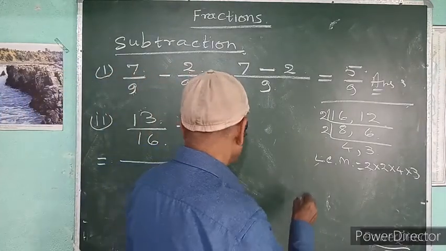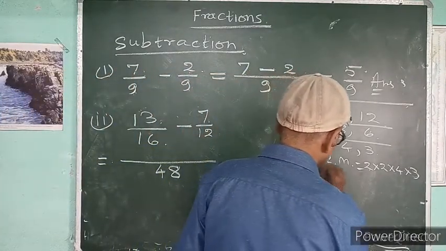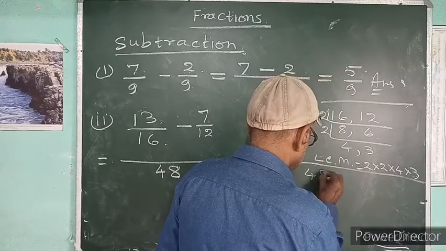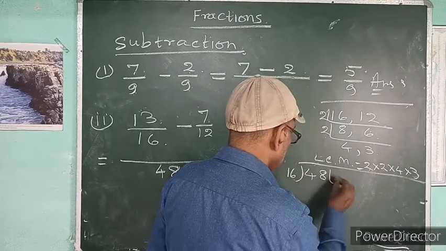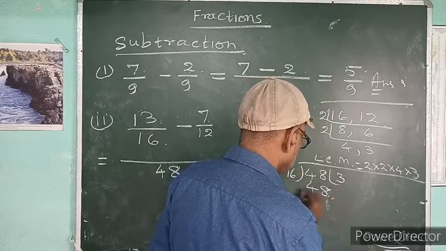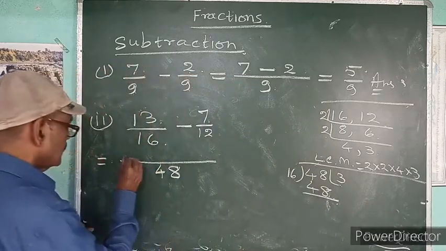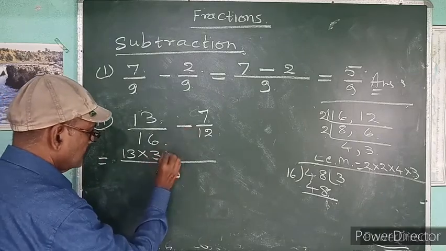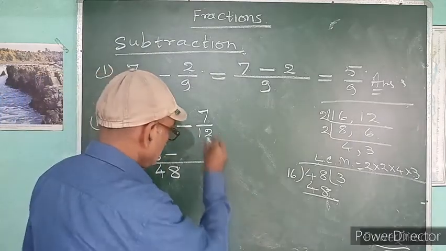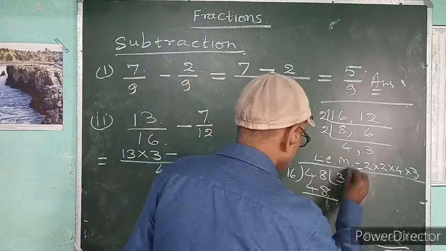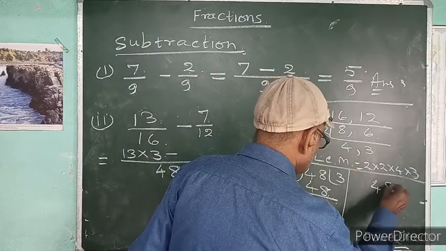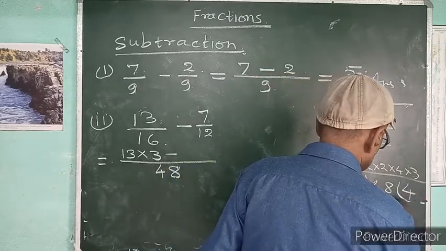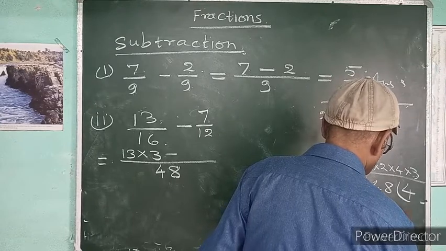Divide 48 by 16. 16 3s are 48. Now multiply 13 by the quotient 3. Put minus sign here. And second, now divide 48 by 12. 4 times it will go. 12 4s are 48.